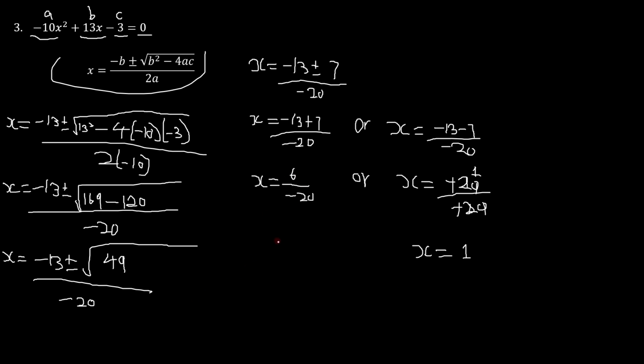So we'll find it here also. We say 6 divided by minus 20, that is minus 0.3. So we found the final answer of this, and x could be 0.3 or 1.